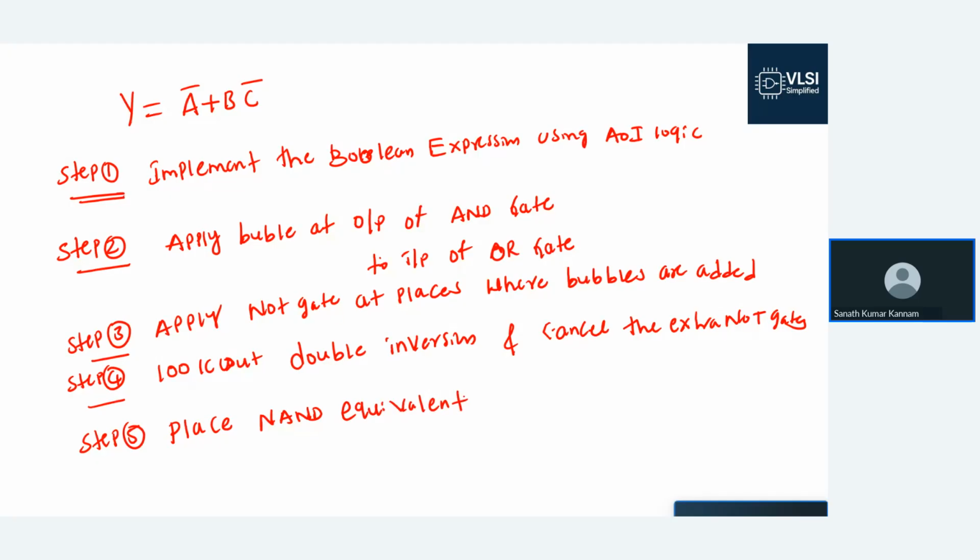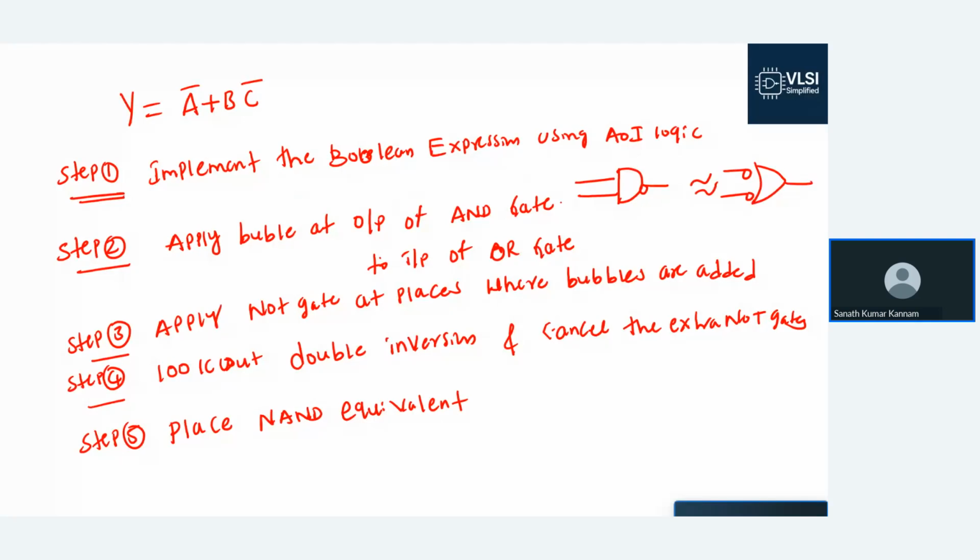These are the steps. First, you need to implement the Boolean expression by using AND OR invert logic. Apply the bubble at the output of AND gate and apply the bubble at the input of OR gate. We already seen equivalency of the gate, that is NAND gate is equivalent to bubbled OR.